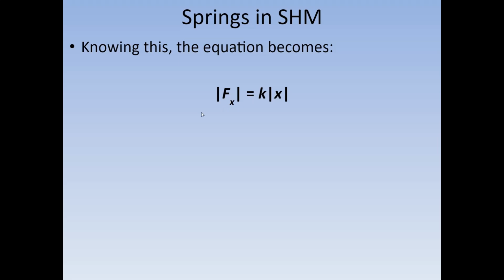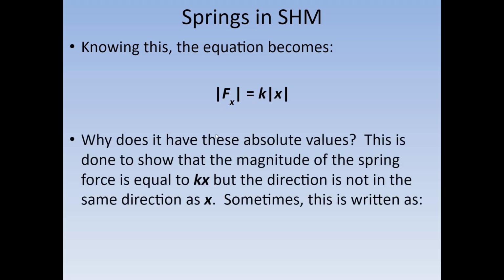Now, the weird thing about this, and I'm actually not too sure why they decided to write it like this, is that the last time we saw absolute value bars on an equation, it was for the frictional force equation: F_f is less than or equal to the absolute value of mu F_N. The reason they did that was because F_N and F_f are not in the same vector directions. One's horizontal, one would be vertical.